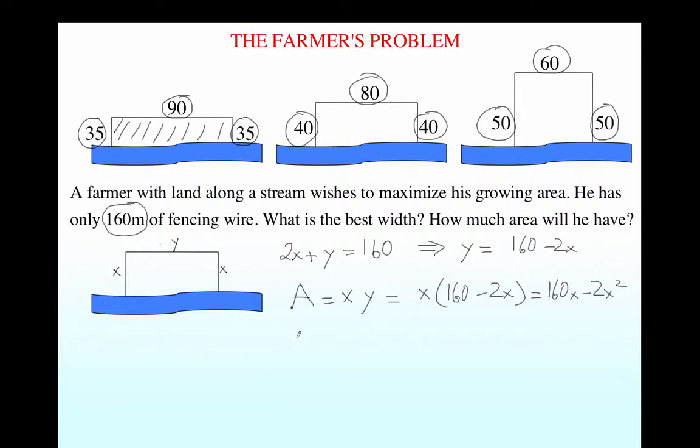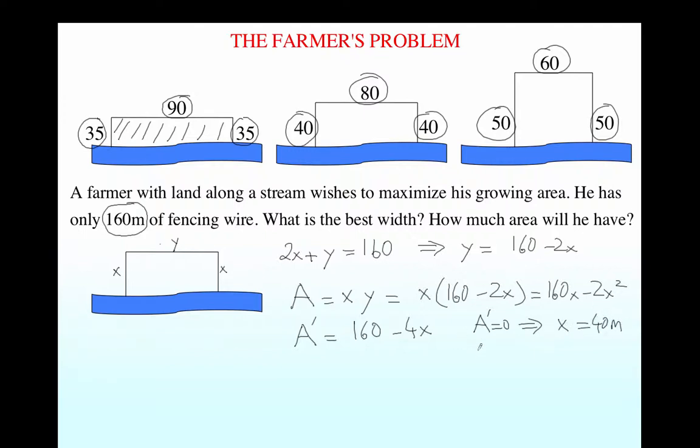Now, if he is to maximize his area, then he needs to take the derivative of A. If you take the derivative of A with respect to x, then A prime is 160 minus 4x. And for a maximum, A prime is equal to 0, which means that x should be 40 meters.